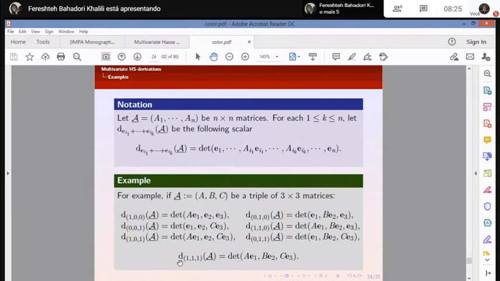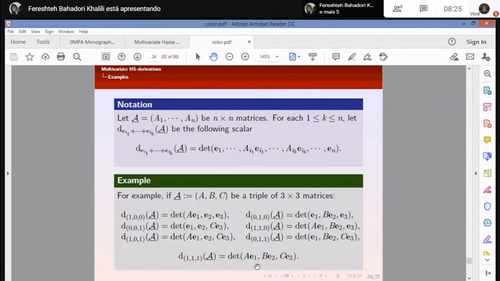For example, here, D1, 0, 0, we have a matrix whose first column is the first column of A, and second and third columns are those of the identity matrix. Here we have a matrix whose first column is the first column of A, second column is the second column of B, and third column is the third column of C.